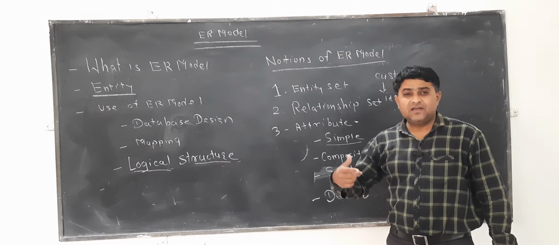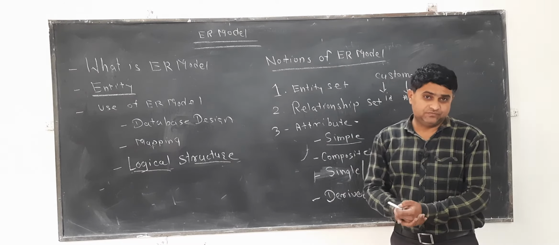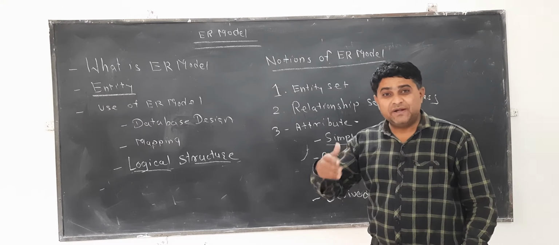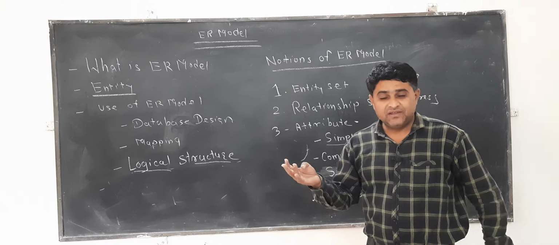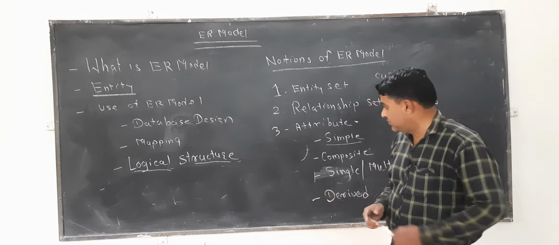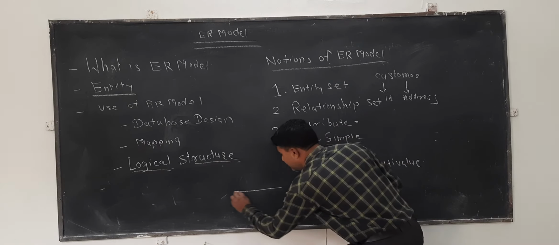Next attribute is the composite attribute. For example, a person has multiple attributes: person ID, address, street. That is called a composite attribute. So this is an example of the composite attribute.